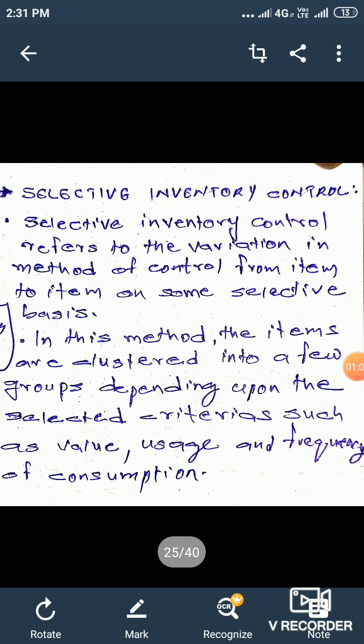That means using selected criteria, the inventories are classified into groups, and these groups are controlled individually in different manners so that we can give importance to the high valued items rather than the low valued items.